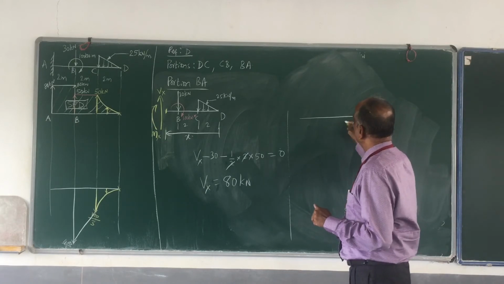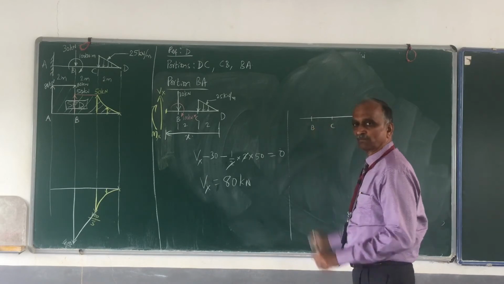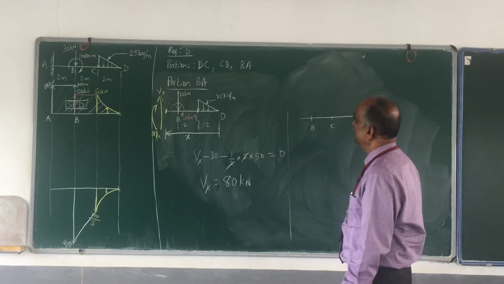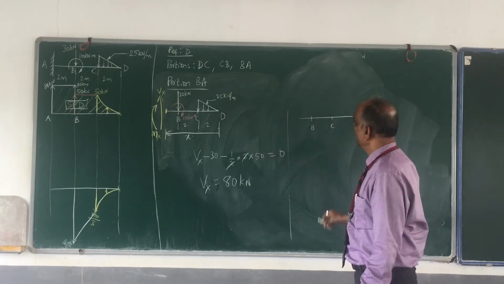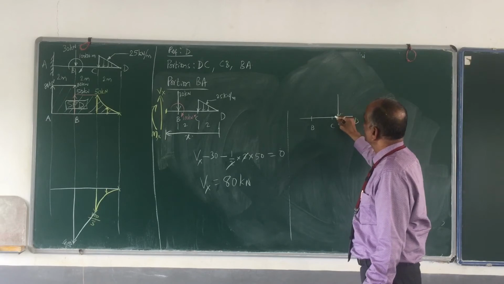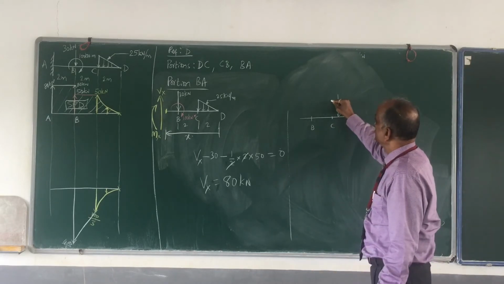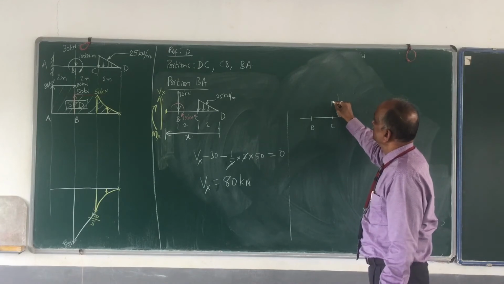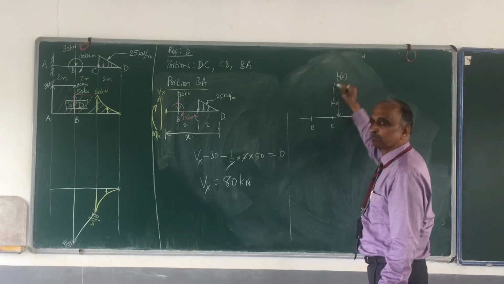Say this is D, say this is C, say this is D. Only the UVL I would like to replace, and everything else I can refer to that diagram. The UVL's center of gravity is closer to point C. So how much is this distance? This is 1/3 of 2.